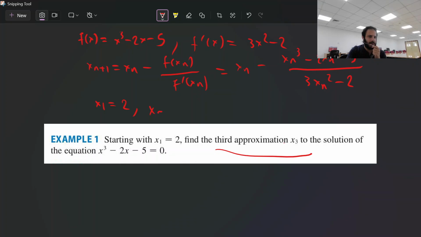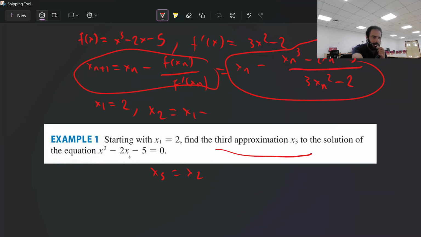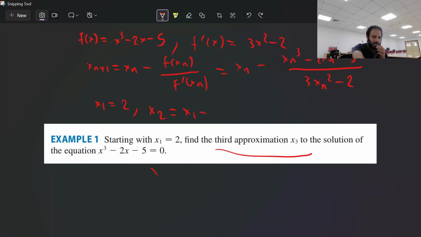Now, when you want to find x2, you substitute in your calculator. Don't keep saying x2 equals x1 minus, then when you find x3 equals x2 minus, you don't keep writing the formula. Write it once like this, then apply, okay? So let's do it now.